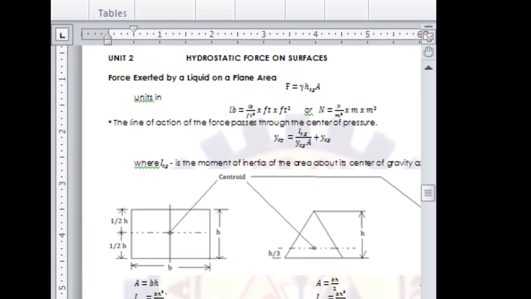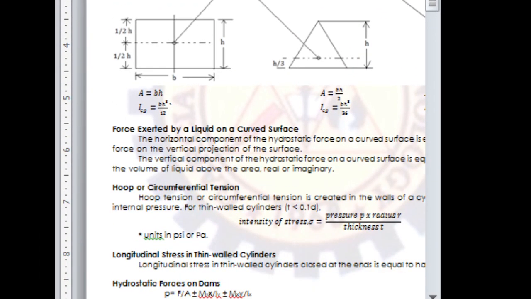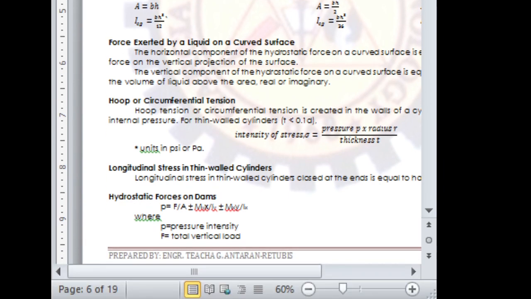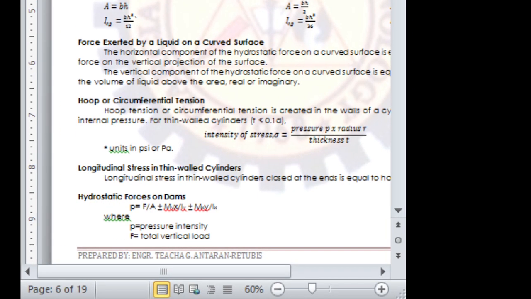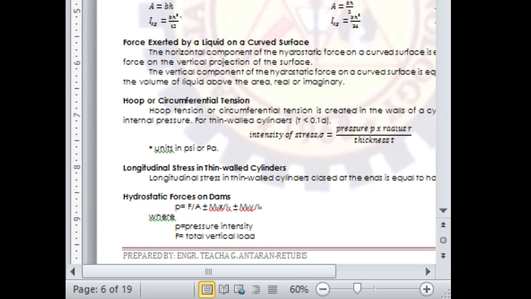Now, how about the longitudinal stress, class? By the way, this is your units: PSI or Pascal. Now, for the longitudinal stress, take note, the longitudinal stress is in thin-walled cylinders.